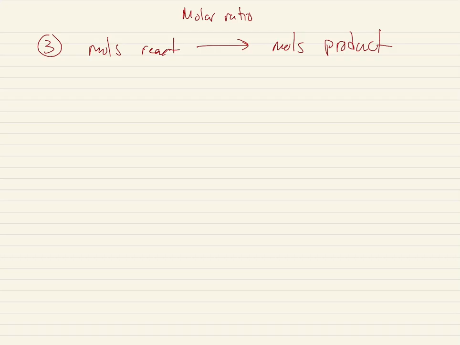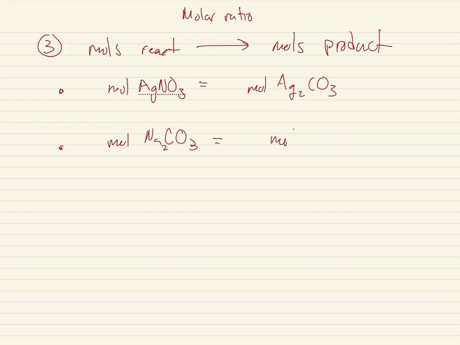All right, let's do this. For each reactant, we want to go from moles of silver nitrate, 2 moles of silver carbonate. And we also want to go from moles sodium carbonate to moles of silver carbonate.